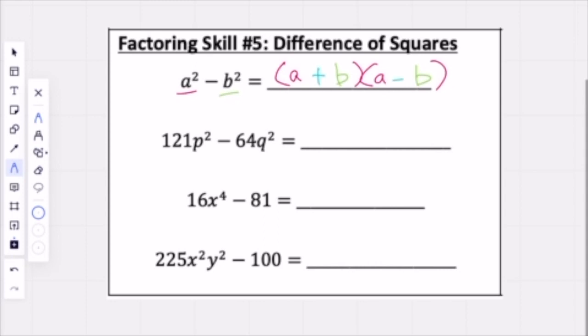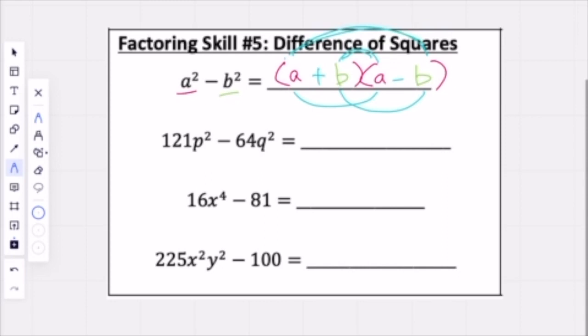What that does is, remember that if you are going to multiply this out, you would first multiply the a times the a, and then the a times the negative b. Then you would take the b and multiply by the a, and then the b by the negative b. Well, when you do that, notice these two terms.